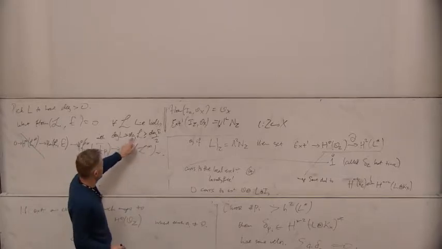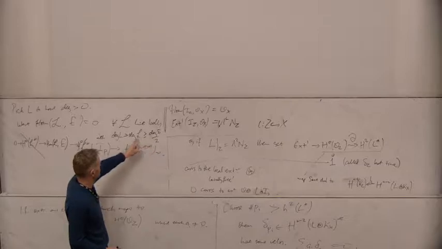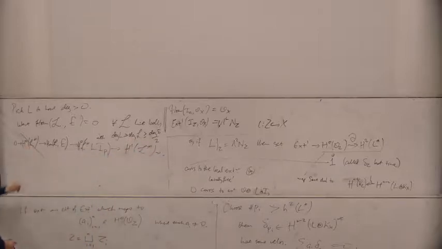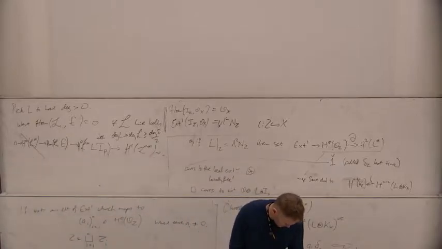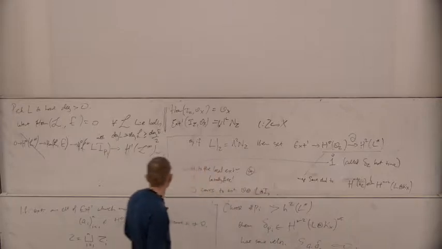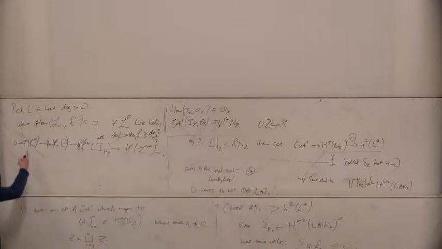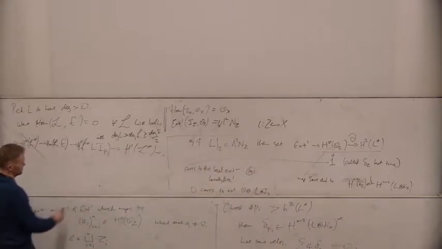Yeah. Degree of L is bigger than degree of E over 2. So the degree of L is positive, so the degree of L dual is negative, so I can't have any sections. If I had a section, that would vanish on a divisor with negative degree, which is a negative volume. Which is not possible. Okay, so this vanishes. So it's enough to make this vanish.